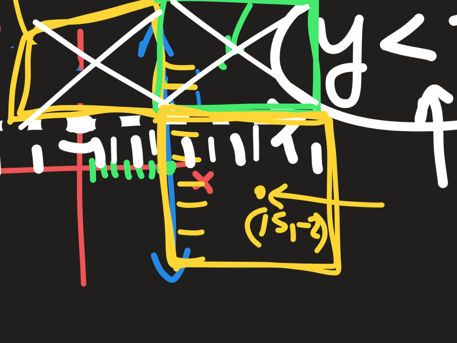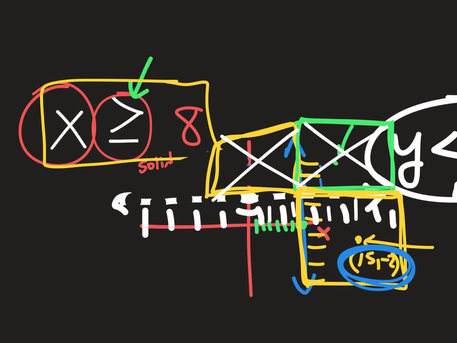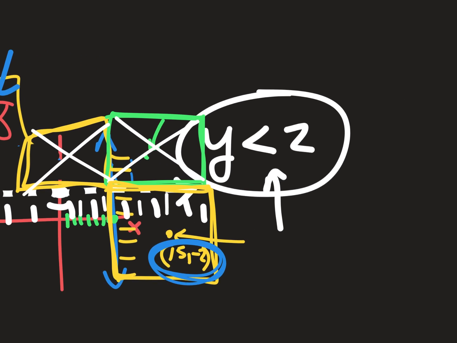And if I stick in 15 and negative 2 in my equations, x is 15. 15 really is bigger than 8. It works. And if I take the other equation here and I put a negative 2 in here, negative 2 really is less than 2. It worked. The signs are correct.